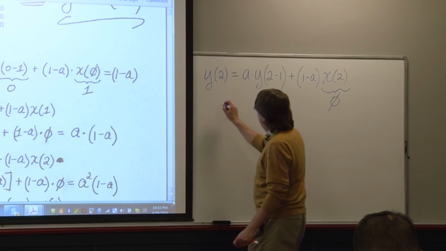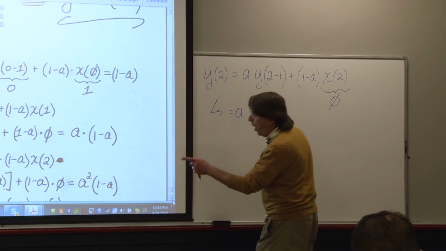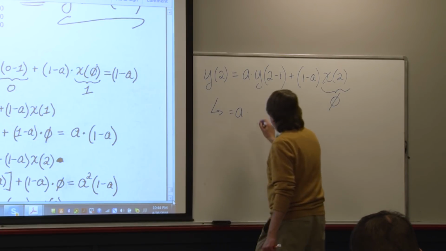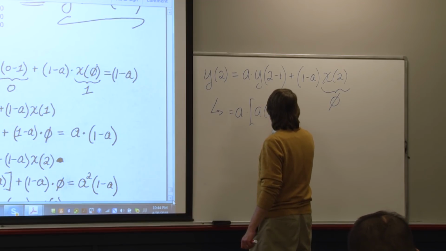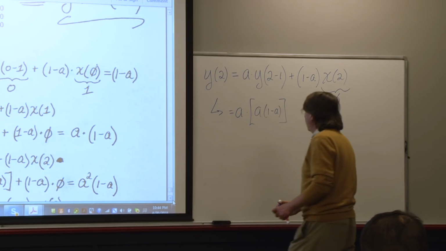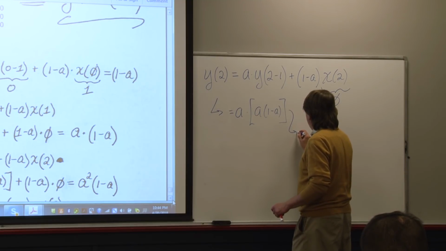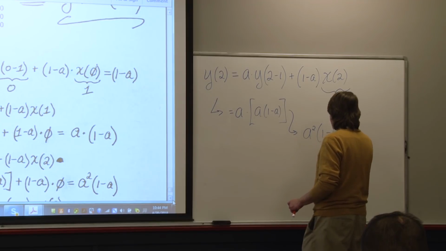So this becomes a times y of 1, that's a times a times 1 minus a, plus 0. So what I get is a squared times 1 minus a.